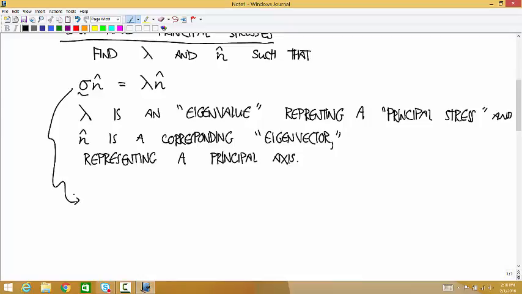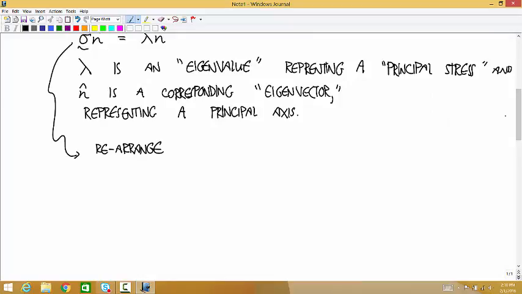If you take this equation and rearrange it, you come up with this form: sigma xx minus lambda, and then the two shears on the x face, sigma xy and sigma xz, and now the next normal stress is sigma yy.